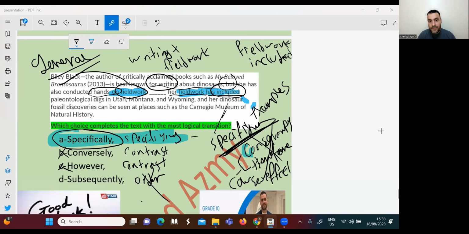They specified it. So he started with the general, and after that, the A. Examples or specific. From general to specific. Field work. ده broad. بعد كده قال لي خلي بالك الفيلد ورك ده كان فيه 1 2 3 4. So he is specifying now.